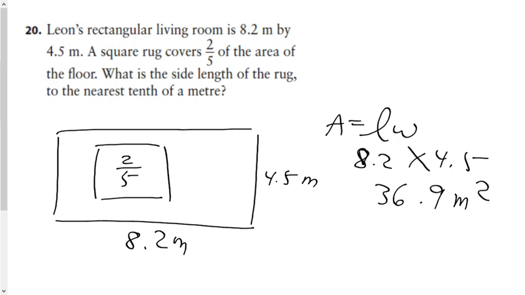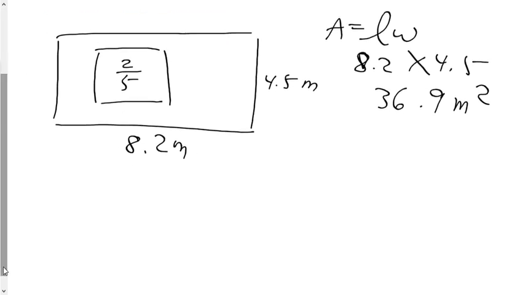So there are two ways we can do this. We can think of 2/5 as being 0.4 or being 40%. If we think about 2/5 as a decimal, 0.4, or as a percentage, 40%, really what I want to do is calculate what is 40% of 36.9, or alternatively, what is 2/5 of 36.9.